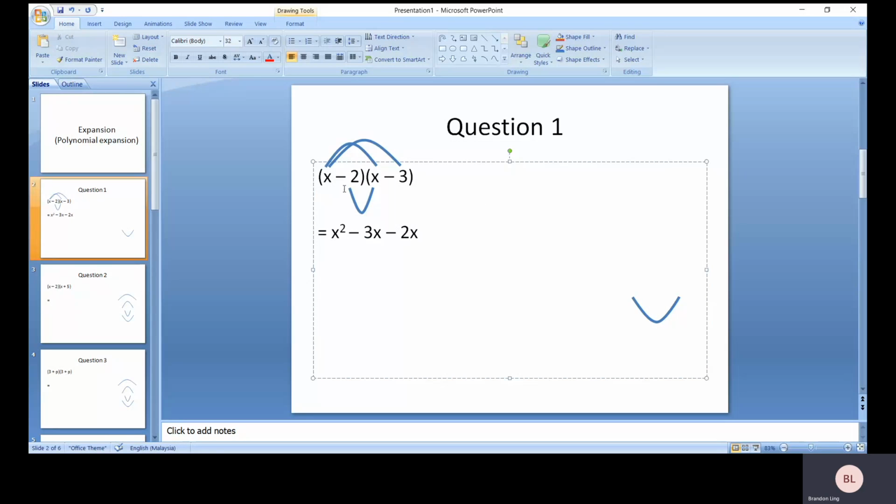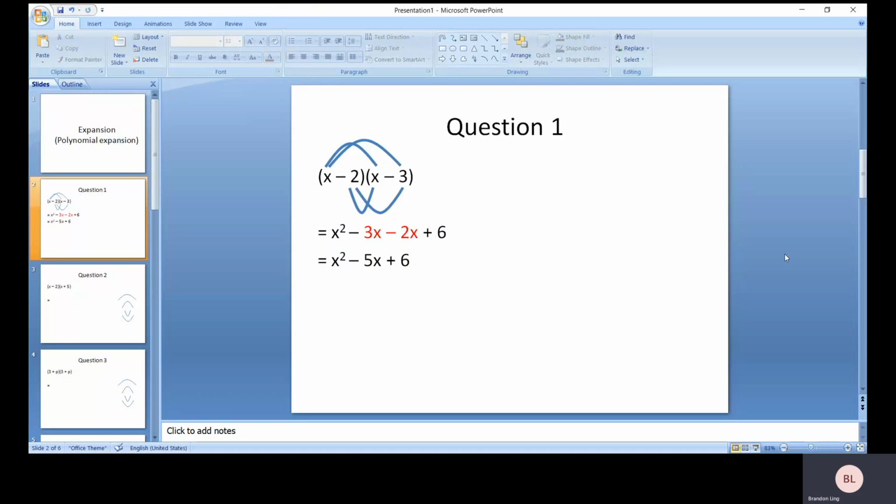And finally, minus 2 times minus 3, you get a positive of 6. So next we can simplify by combining these two values together. Therefore you are getting minus 5x plus 6. So I have completed the expansion for question 1.